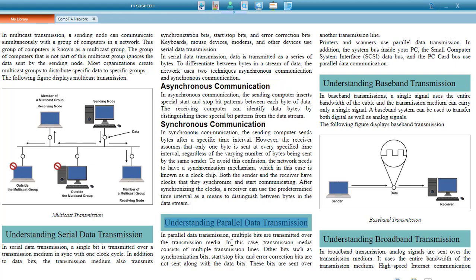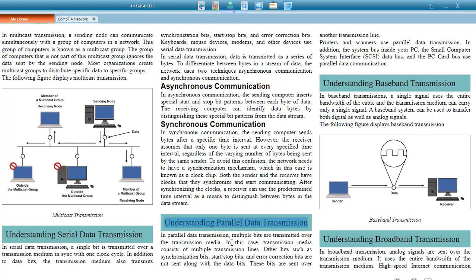These bits are sent over another transmission line. Printers and scanners use parallel data transmission. In addition, the system bus inside your PC, the small computer system interface, SCSI, data bus, and the PC card bus use parallel data communication.